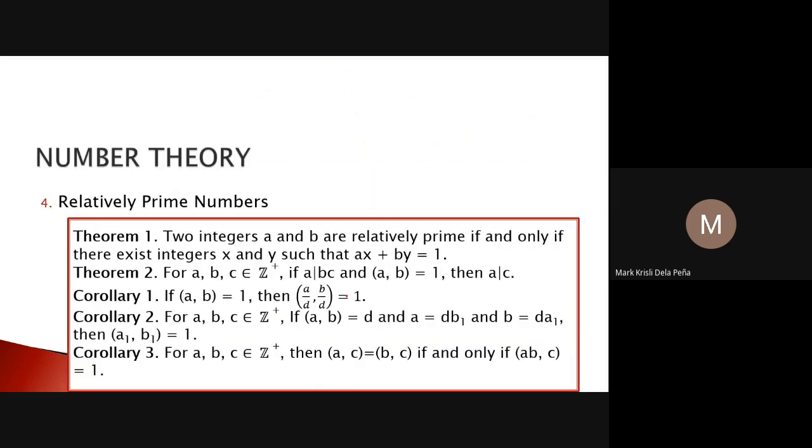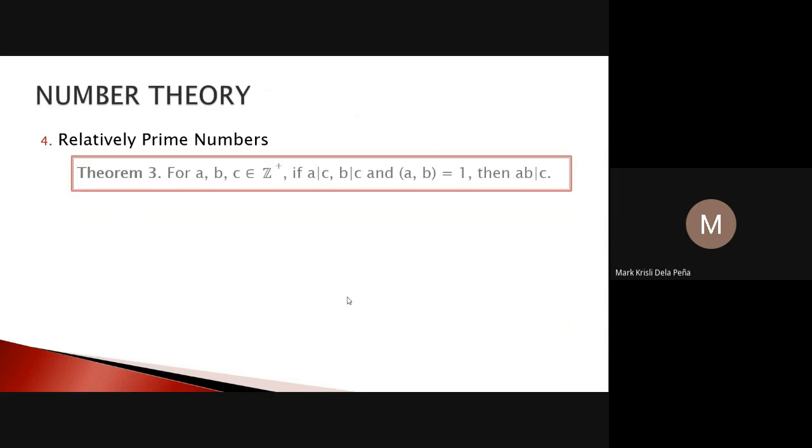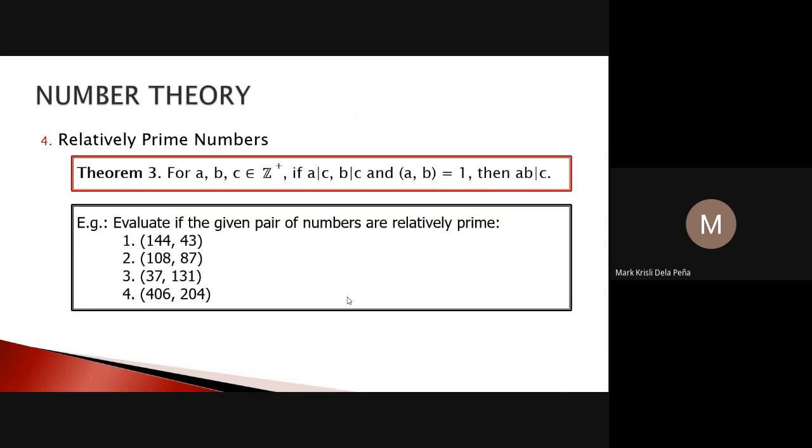In short, to find out if numbers are relatively prime, we will still use the Euclidean algorithm, and if the greatest common divisor of A and B is equal to 1, then they are relatively prime numbers. When we say relatively prime numbers, one or two of them can be composite numbers.